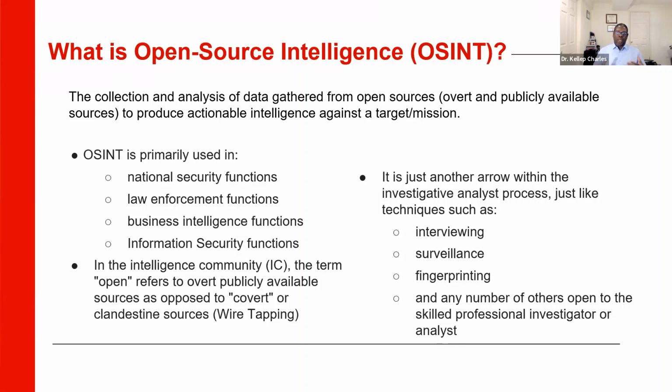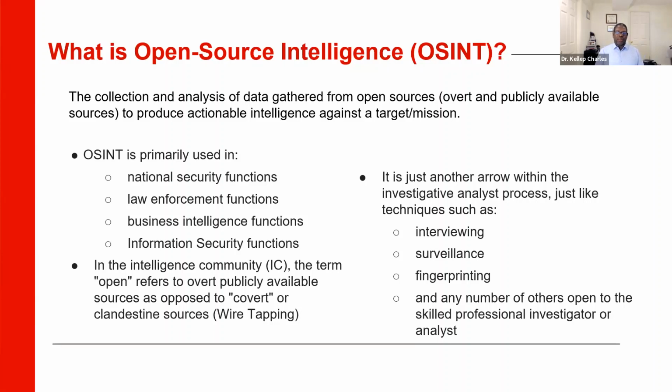Red teaming is when you are trying to attack or compromise a particular target, as well as blue teaming. Blue teaming is when you're trying to protect your organization from being attacked. Knowing the type of information that is out there about your organization will help you defend and provide a stronger security posture.